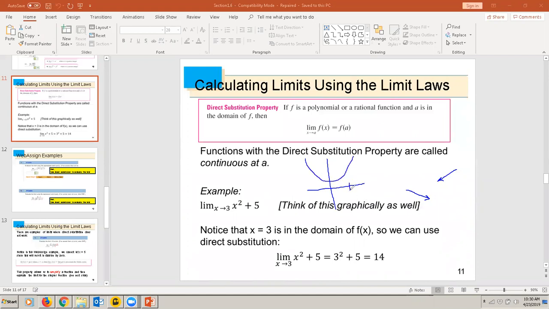The limit at x equals 3 is really going to end up being the value of the function at 3, because when I approach from the left side or the right side, I'm just going to end up with this same y value. And I can figure out the y value by just replacing x with 3 in the expression. And so the limit here turned out to be 14. Notice all we had to do here was direct substitution, meaning substitute the value of 3 into the function.